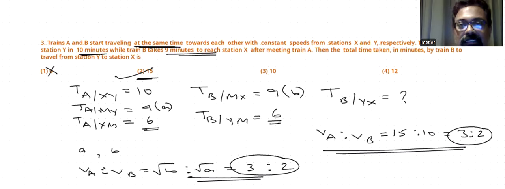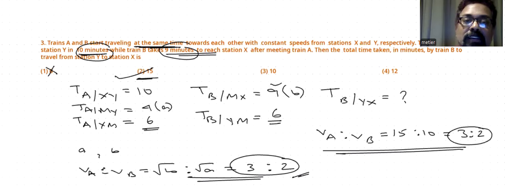Right? Clear? And one more very simple idea that we can get here. We can conclude our answer at this point also. Because our data, 10 minutes and 9 minutes, are integral values, and all the options are integral values, it is obvious that small b and small a will both be perfect square numbers.